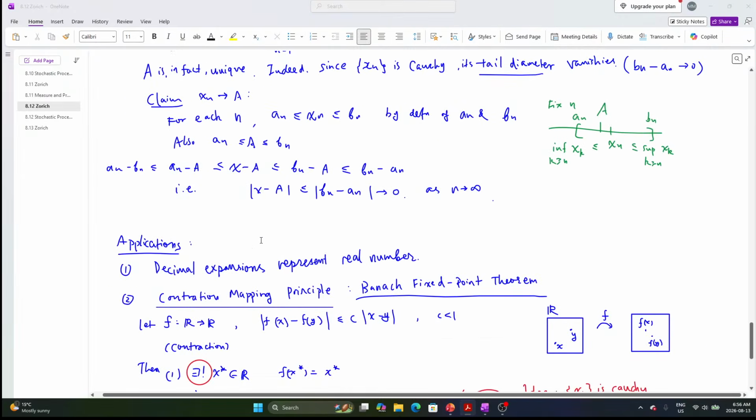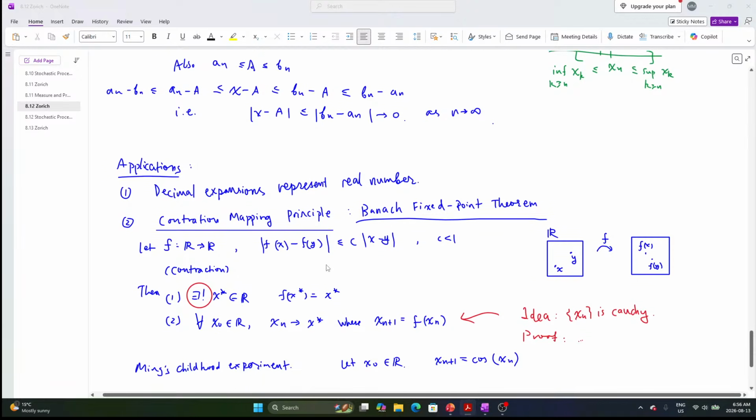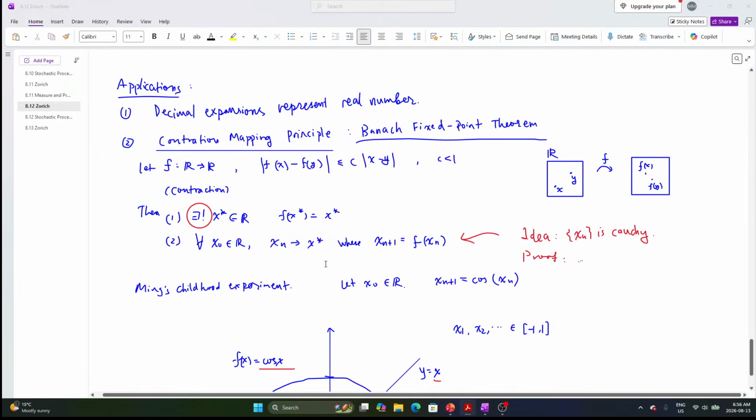First of all, decimal expansions represent real numbers. That is, a decimal expansion is a Cauchy sequence, which then represents a real number. The second is the contraction mapping principle. We only illustrated the idea.